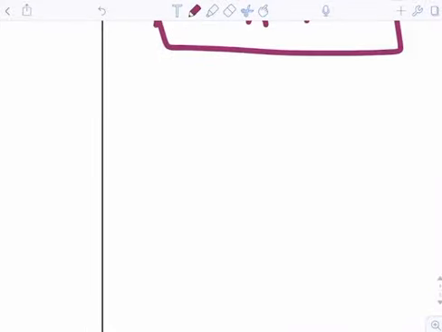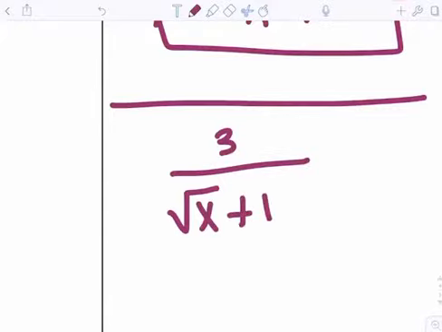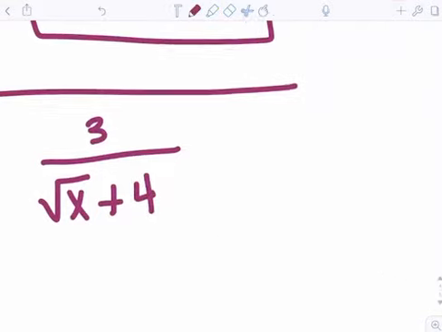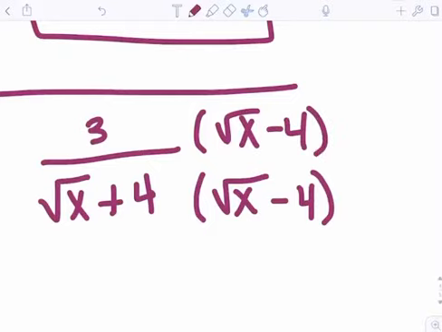Okay, so let me show you what this was really supposed to be. This was supposed to be 3 over root x plus, I did not want the square root of 4 either, that would be silly. That was supposed to be this. Okay, so here we would multiply by root x minus 4, root x minus 4.